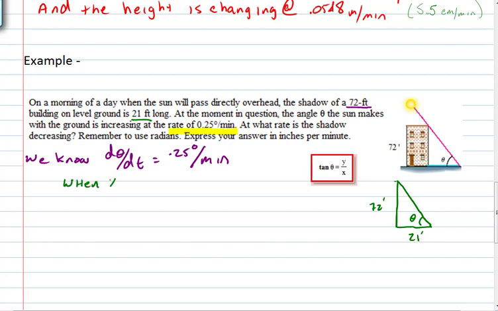So when x is equal to 21 and y is equal to 72, the trig function we're going to use to set this up is tangent theta equals y over x.